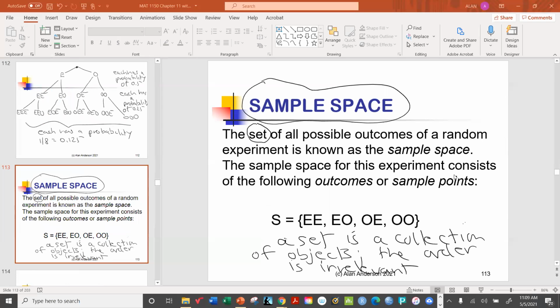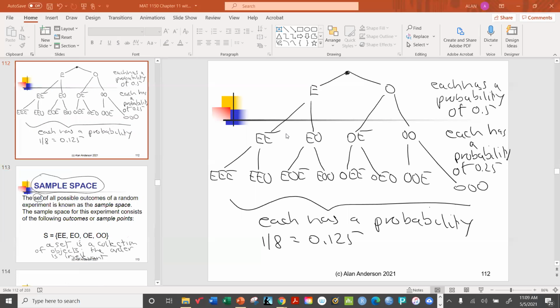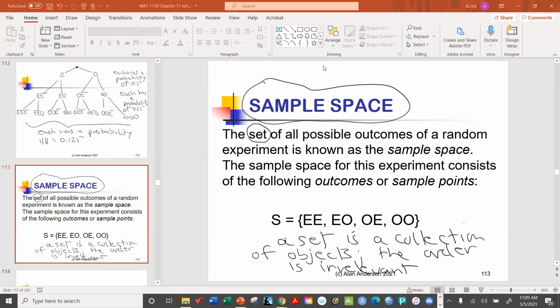The sample space is simply a set that contains all these outcomes. So we're going to restrict ourselves to the case where there's 2 rolls. And so therefore there'll be 4 outcomes, and these are the 4. And this will be the basis for all of our calculations that follow, because all the probabilities are defined with respect to this sample space.